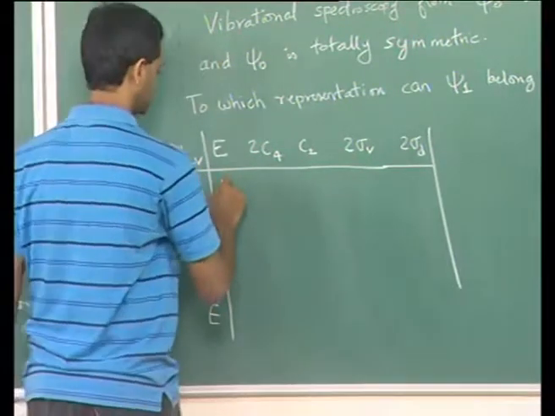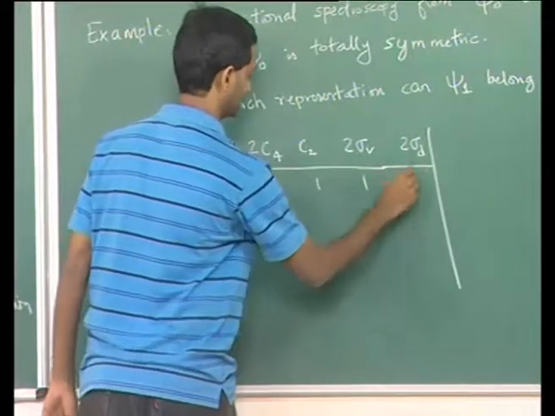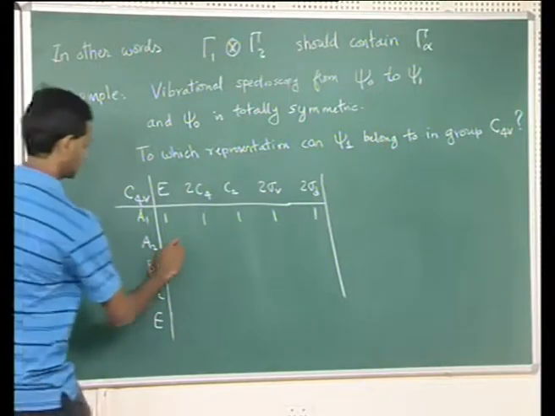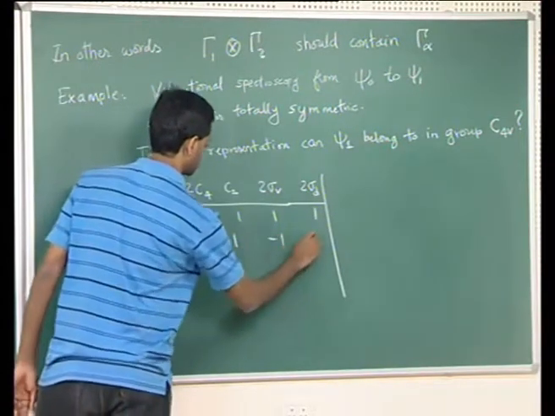The characters of A1 are all 1, A1 is a totally symmetric representation. The characters of A2 are 1, 1, 1, minus 1, minus 1.